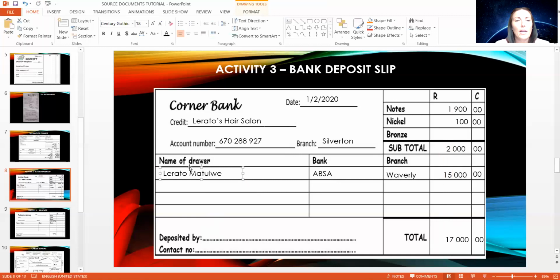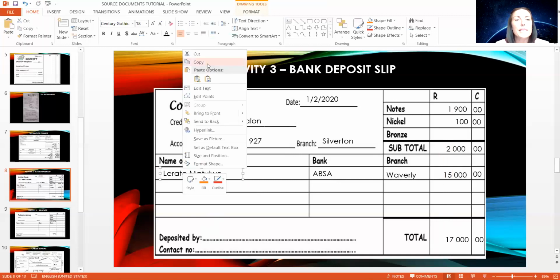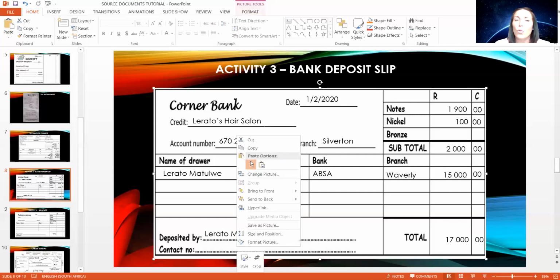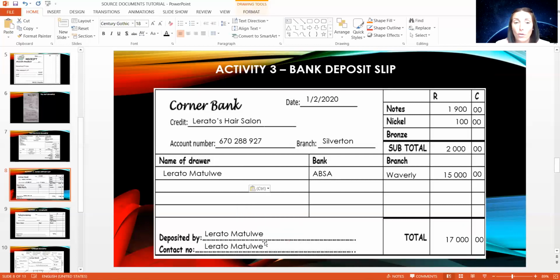Who paid this money in. That is just for reference purposes. If at some stage there's a query, then we know who paid it in. You can write, obviously, you are Lerato Matulwe, so it must be Lerato Matulwe, or just sign there on behalf of Lerato Matulwe, her signature, and then a contact number.